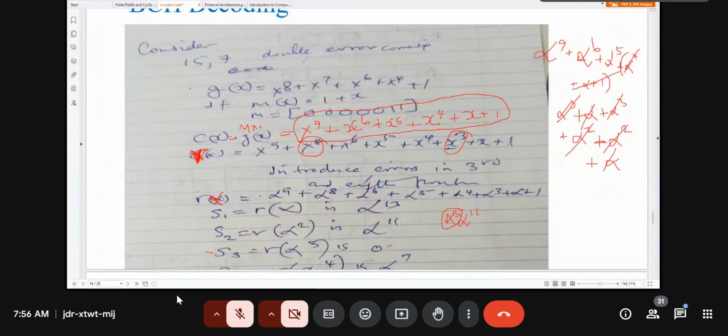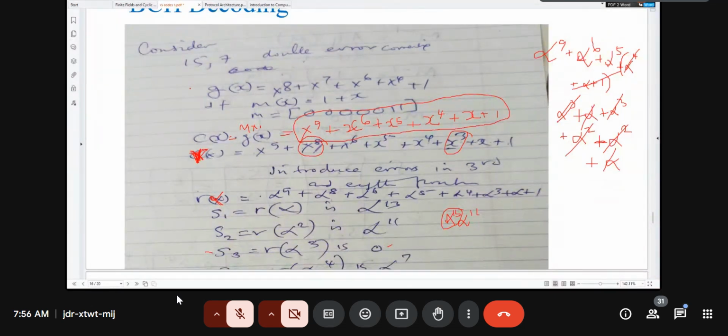So what you are trying to do now is, if those bits change, can you be able to detect them? That's what we are trying to see, whether we are going to reach the 2 bits which have changed. Can you be able to detect and correct? Correct means know where they are. It means are we able to locate, because the moment you locate that it is x8, you know that is the position.